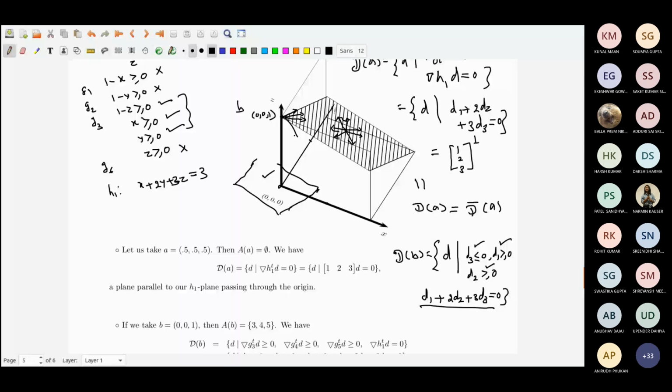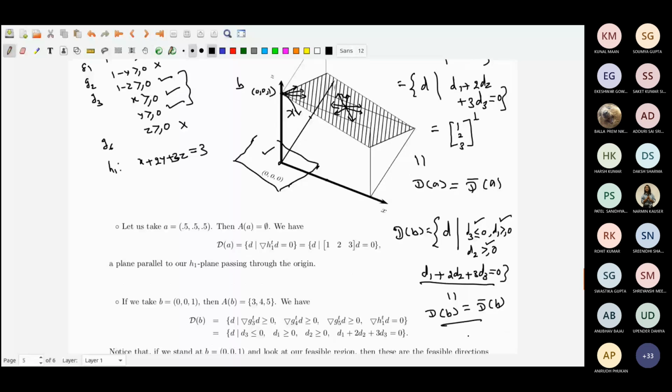While staying on the plane, these are the points that have to be satisfied. And what do you see here also? If you want to compute, you will also see this is equal to D of B, and this will be a general theorem. We will prove that in such cases they will always be equal. So that's what the geometry is.